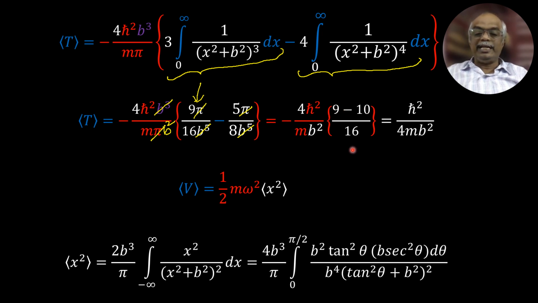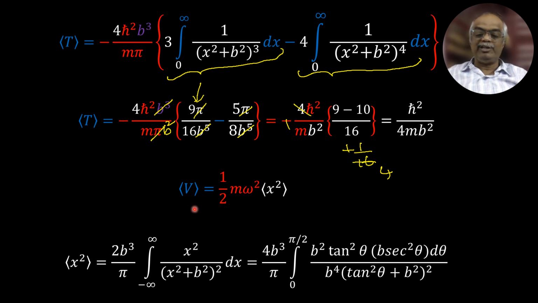So this 9 minus 10 is minus 1 divided by 16. So this minus and minus will become plus, and this 4 will get cancelled with this 16 will become 4. So you will get h cross squared by 4 m p squared. So this is the kinetic energy term.